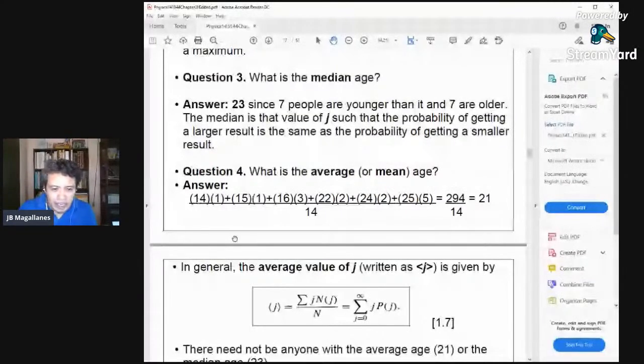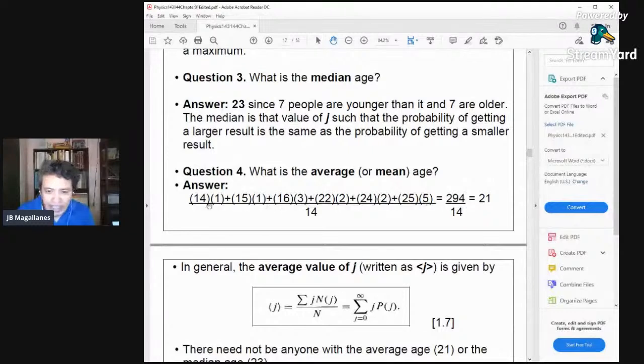So this is 14 times the number of occurrences of the age 14, plus the age 15 times the number of occurrences, which is also 1, age 16 times the number of occurrences, which is 3, and then 22, which is possessed by 2 persons, 24 possessed by 2 persons, and then 25 possessed by 5 persons.